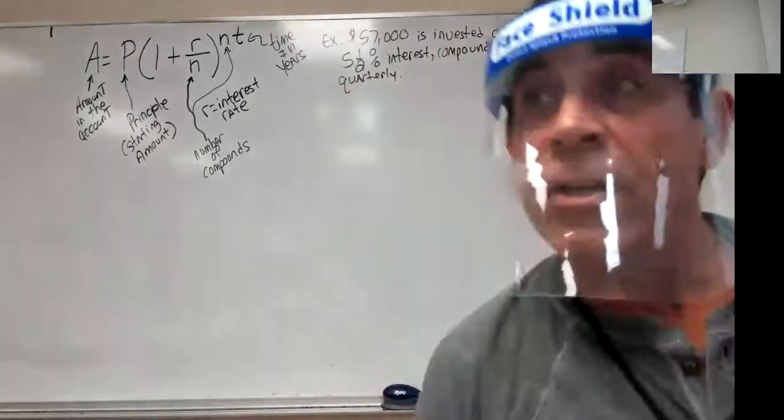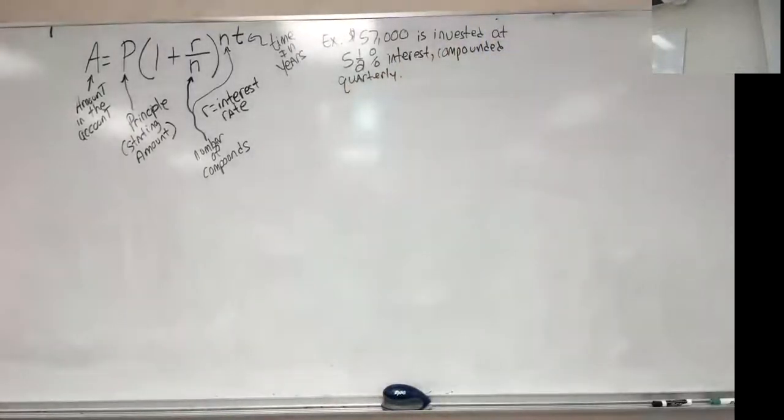So the words they'll use on your compounding is annually, which means once a year, semi-annually, which would be twice a year, quarterly would be 4 times a year. They might go with compounded daily, but probably not in this section. Okay.